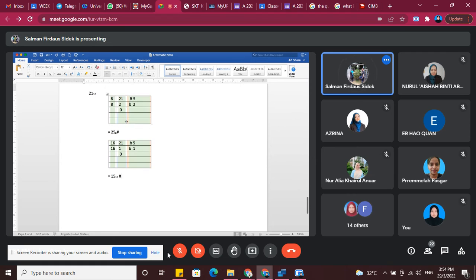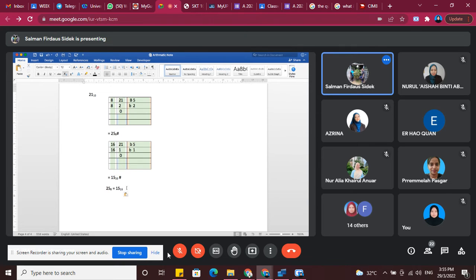So now if in octal we got 25, in hexa we got 15. So it means 25 is equal to 15 logically. So let's check, is it correct or wrong? Ini nombor mudah, senang lah kita nak check. Logik tak kalau 25 base 8 equal to 15 base 16?